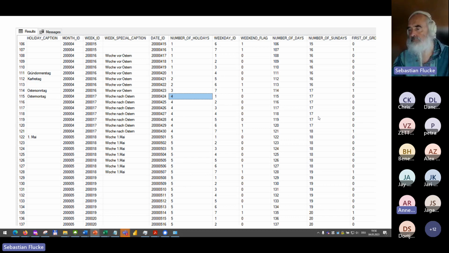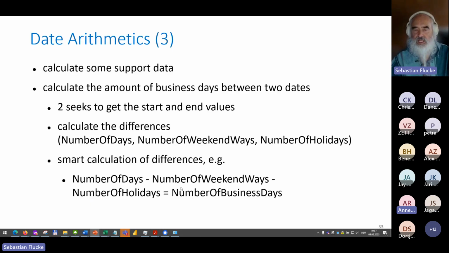That kind of difference calculation we have to do with some other specially prepared numbers, not only the number of Sundays, maybe also the number of Saturdays, maybe the number of existing holidays in that time range. But at the end, we only have to go to the two records, catch some of the numbers, calculate the differences, and then we need a smart calculation of the differences.